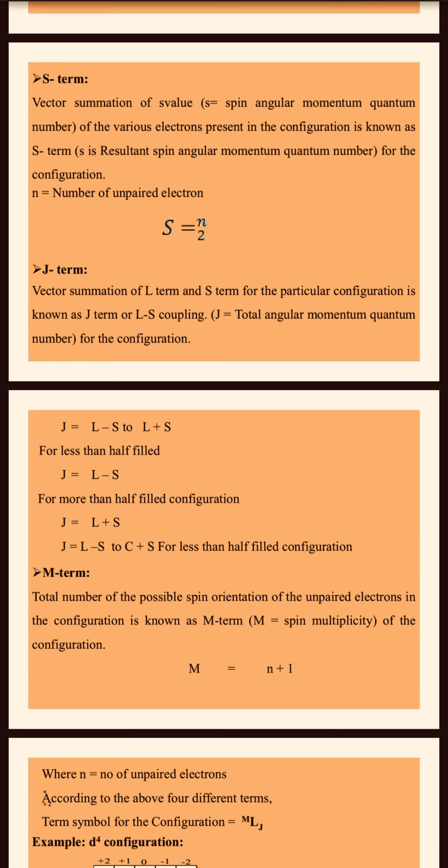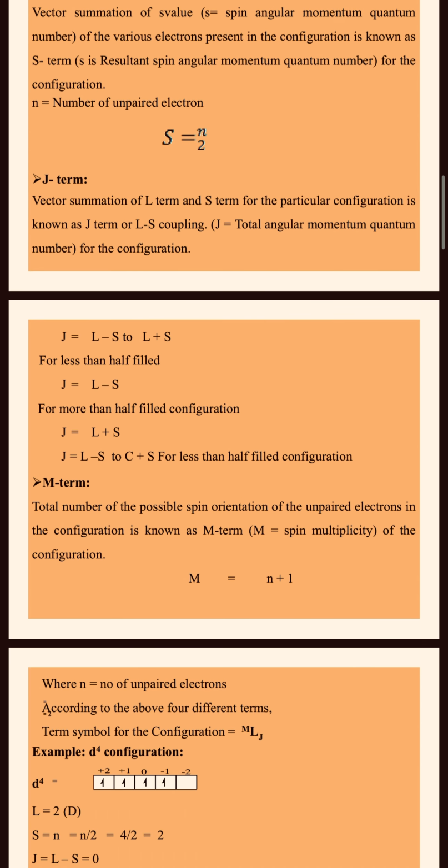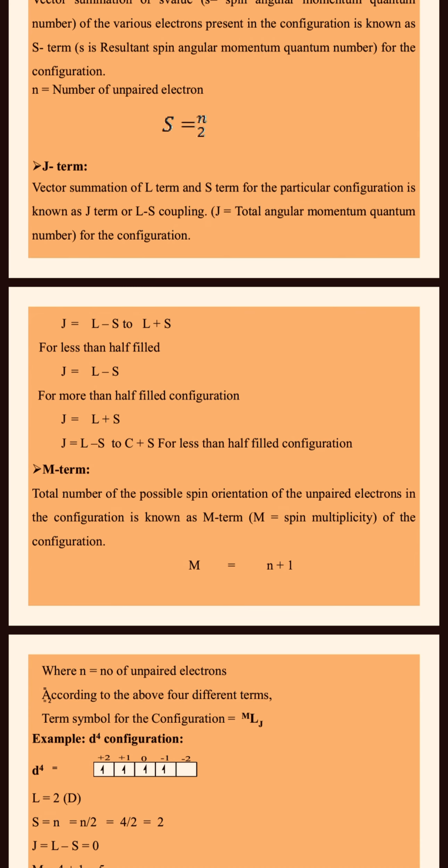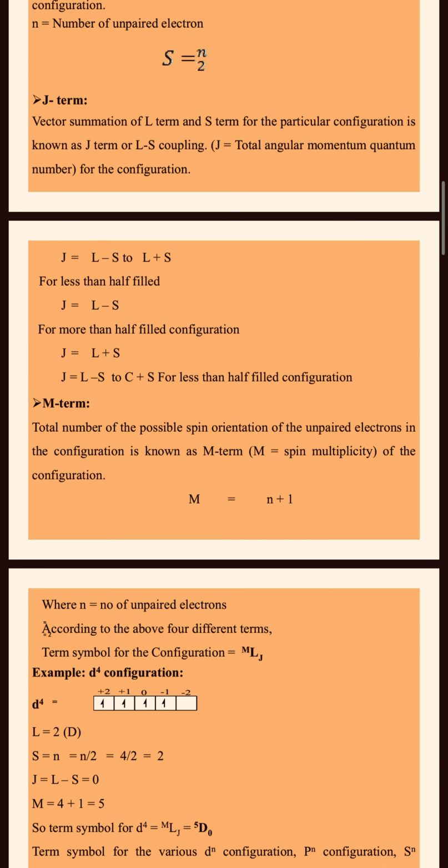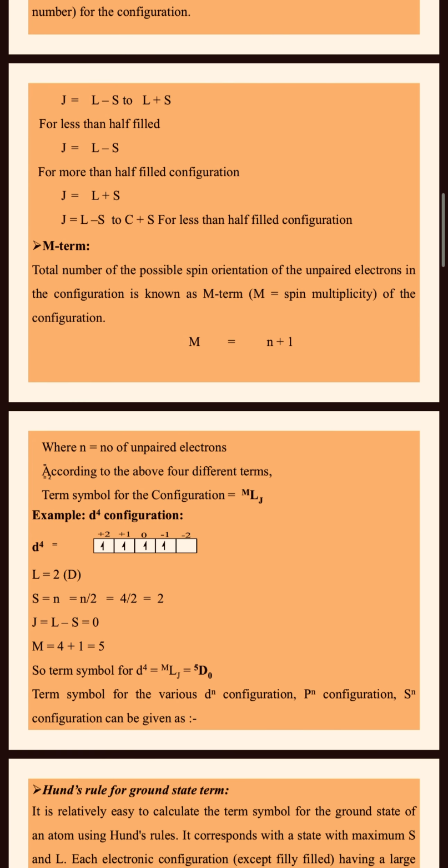It is the summation of L and S, so J is L minus S to L plus S. If it is less than half filled, we consider only L minus S. If it is more than half filled, we consider L plus S. So generally it is from L minus S to L plus S.